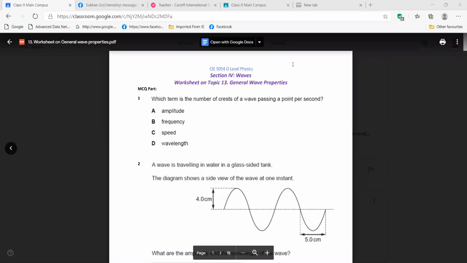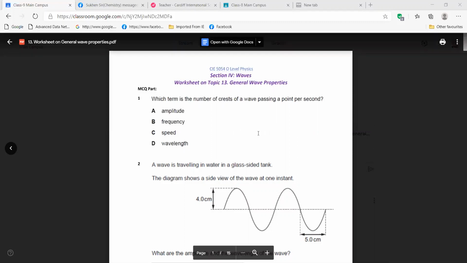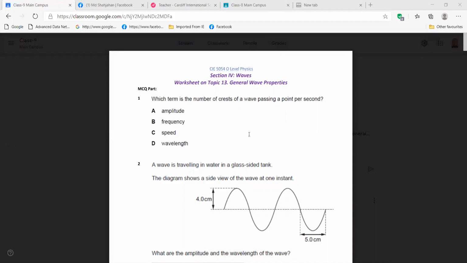Number of complete waves every second, right? Or per unit time. That is called frequency. So here we are getting every second or per second. That's why it is frequency. So the answer is B. For question 1, the answer is B, frequency. Is it clear? Everyone take the notes in your copy.